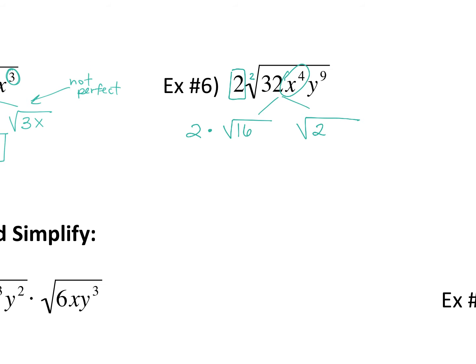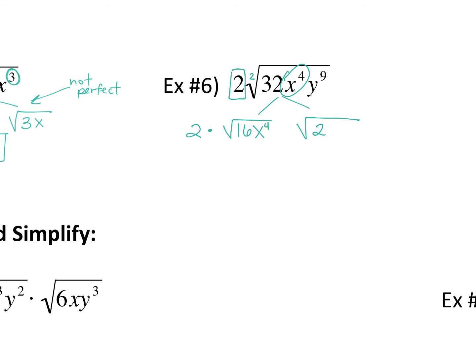Yes. Even numbers, guys. The trick is even. If it's a square root, we want a number that's divisible by 2. So we want even numbers to go in our perfect squares. So x to the 4th is going to go there, which means we have no x's on the other side. Now look at your y's. Can you take the square root of y to the 9th? You can't, right? We want an even number.